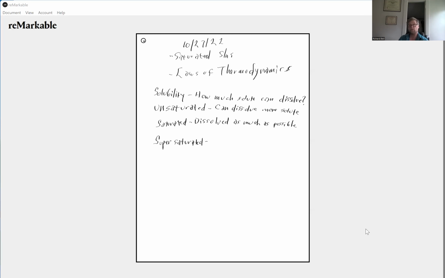The easiest way to make a saturated solution: I bought this chemical for a friend of mine, cobalt(II) chloride. It's available online. It's an indicator. Cobalt(II) chloride is pink when it has moisture.